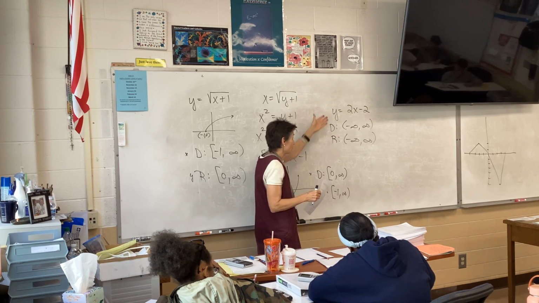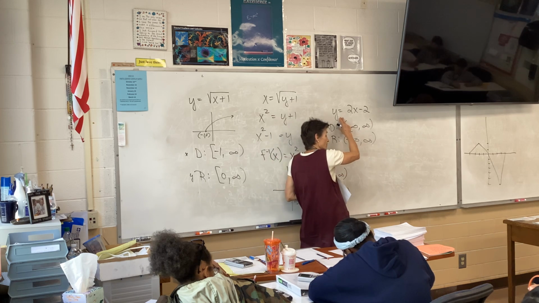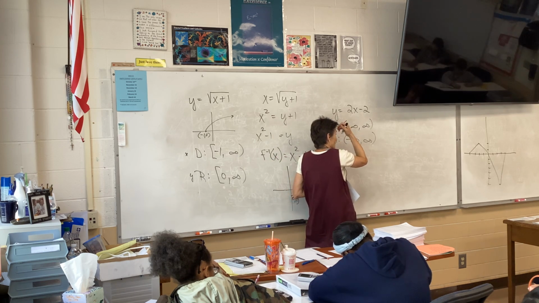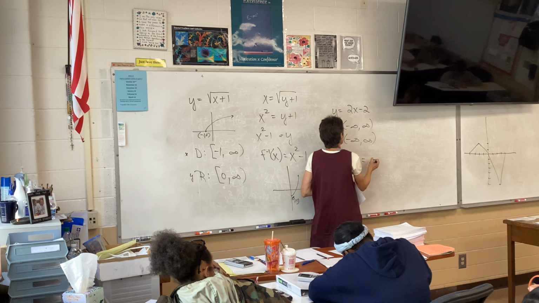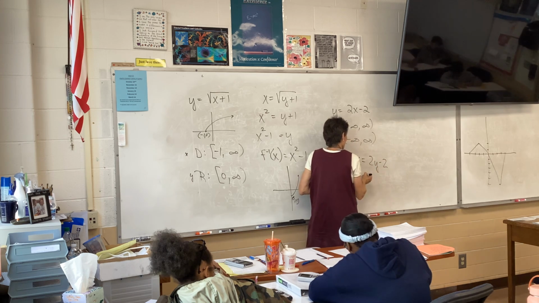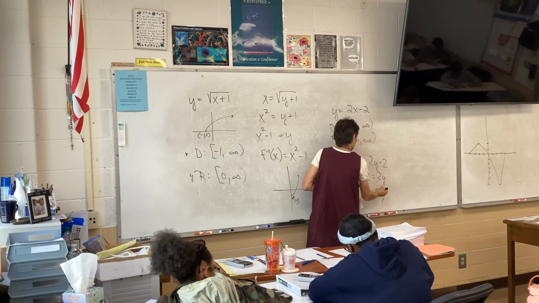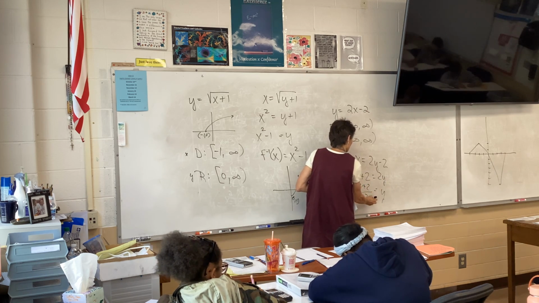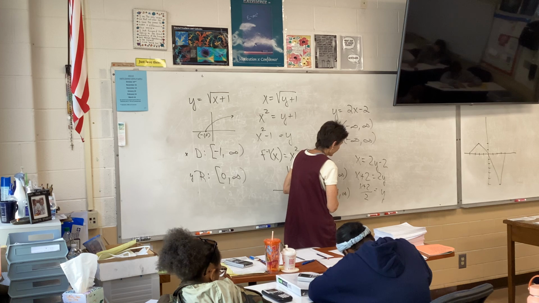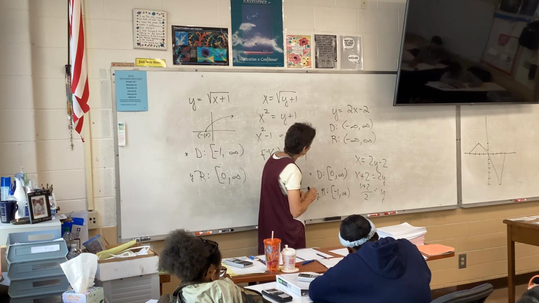Let's just find the inverse. So how do we do that again? We switch the x and the y. And then we get y by itself. I got that. Did I do that right?